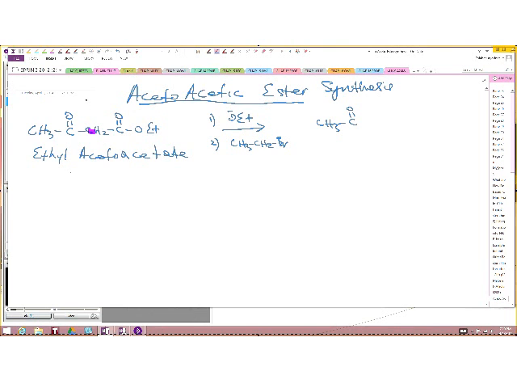Indeed, the pKa value for this is about 11, whereas this here is about 20. And that is why the ethoxide will selectively come here to react with this as an acid rather than with this here. Okay, so now you have this.